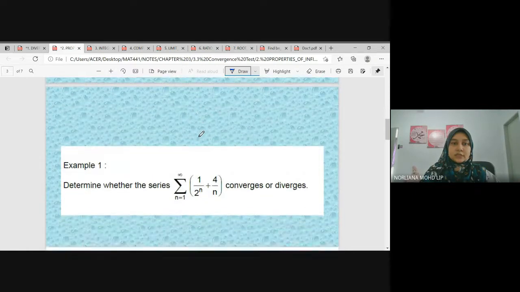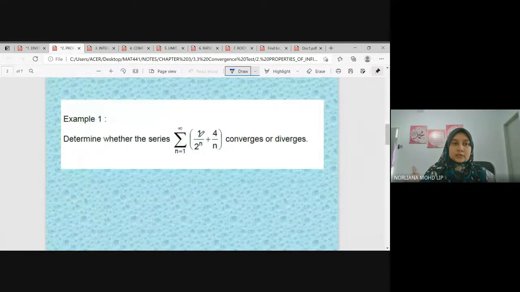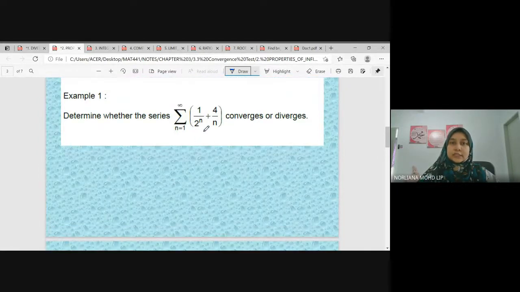Okay, example 1. Determine whether the series 1 over 2 to power of n plus 4 over n, where n equal to 1 until infinity, converge or diverge.